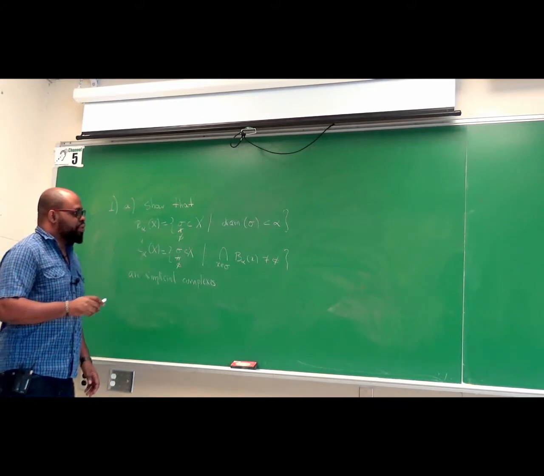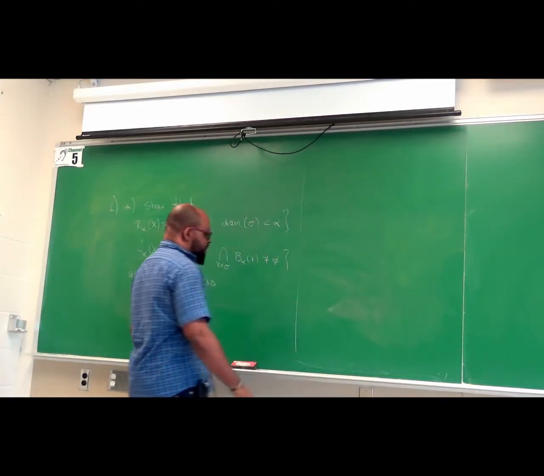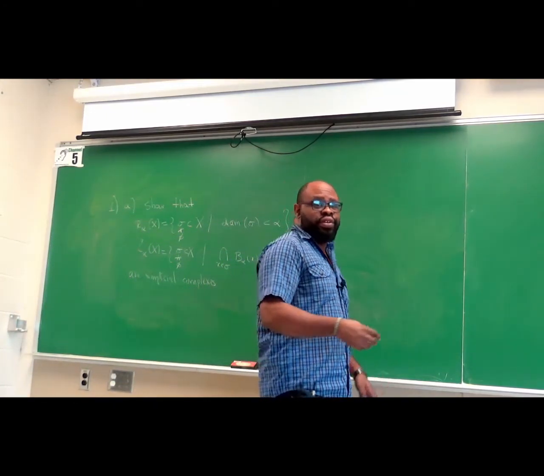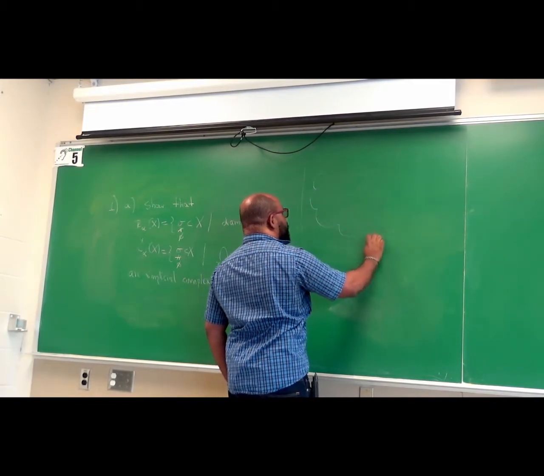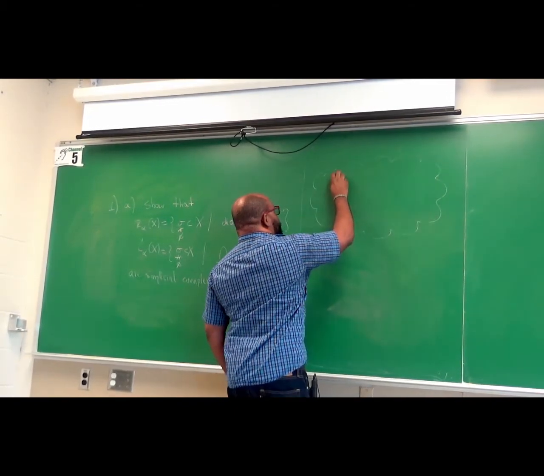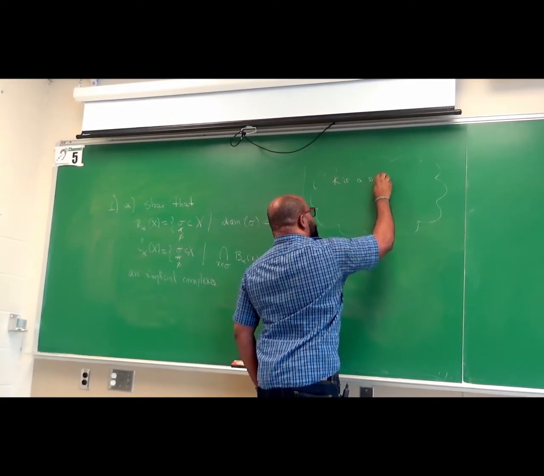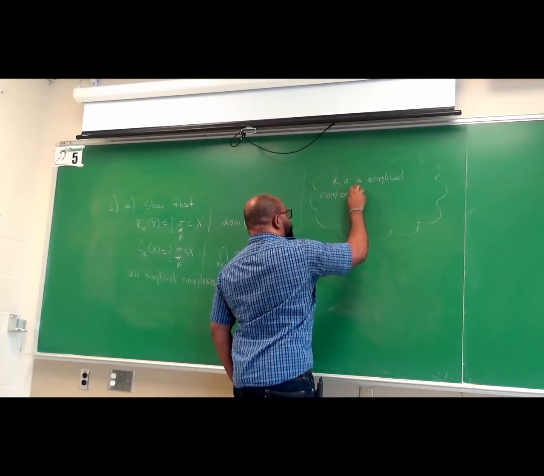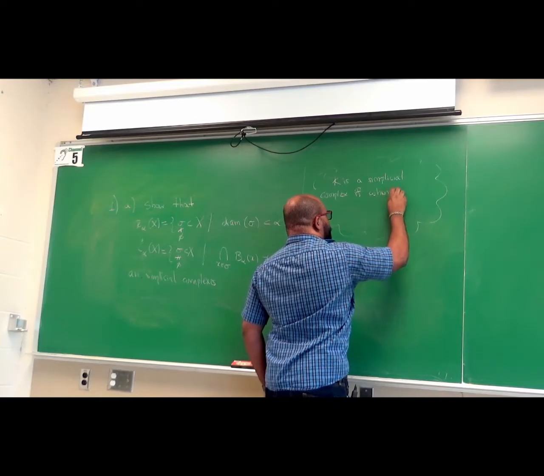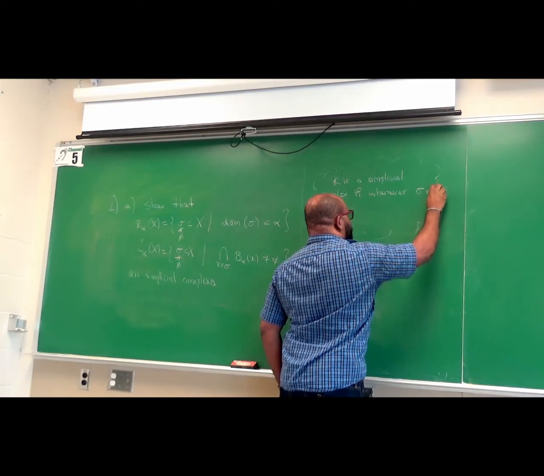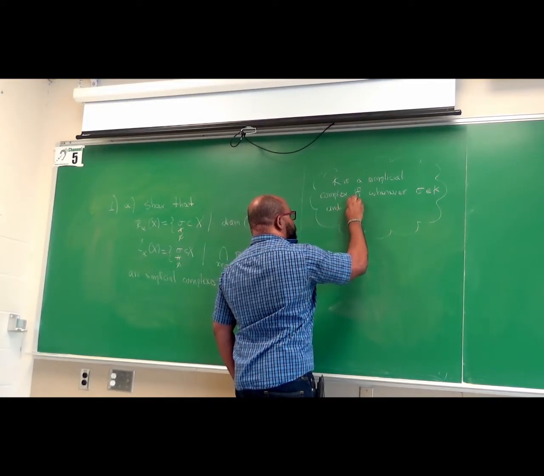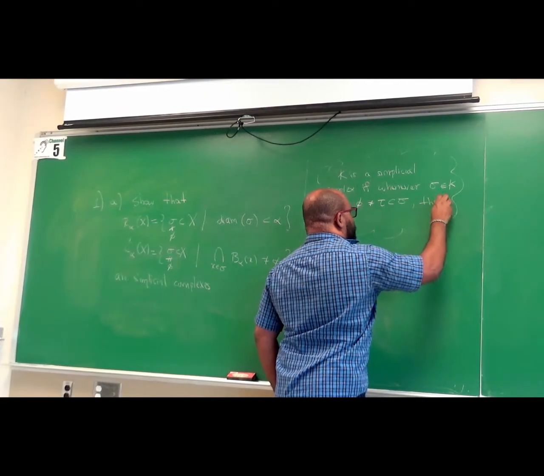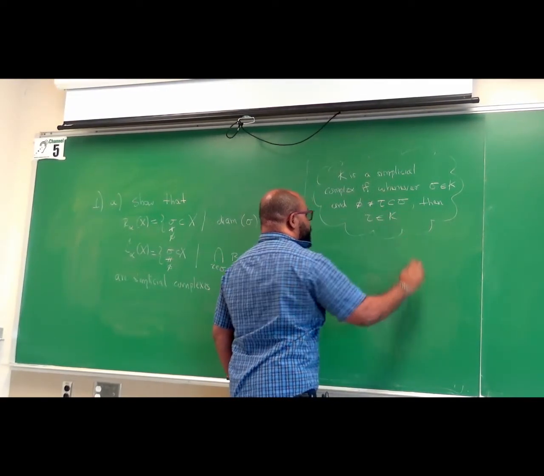So what do you have to check? That's the first step when proving things in math. You have to figure out what it is that you have to prove, right? So here in a thought bubble: remember that K is a simplicial complex if whenever I give you an element sigma of K and I give you a face tau of sigma, then tau is also in K, right?